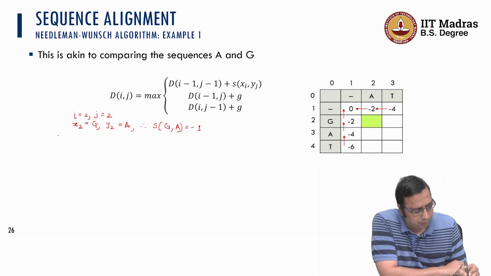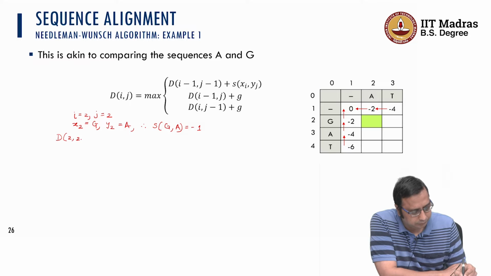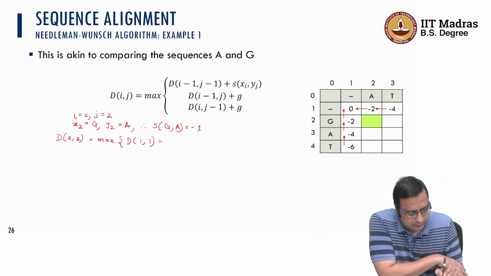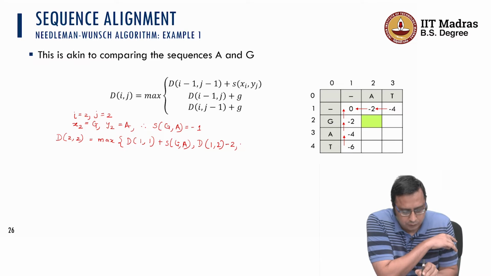Now what we have to do is compute the score for this particular cell, which is 2, 2, which is equal to max of D(1,1) plus S of G, A; D(1,2) minus 2, remember, gap is equal to -2; and D(2,1) minus 2.